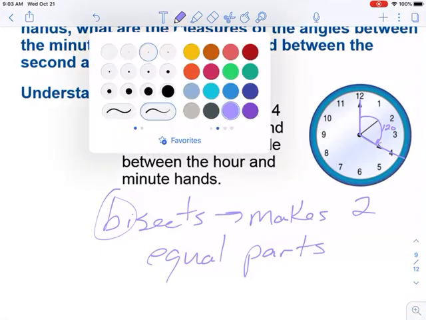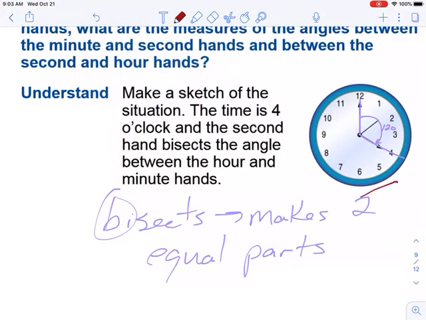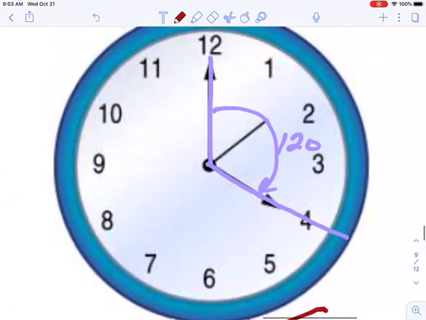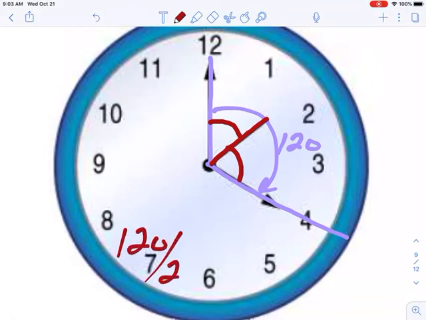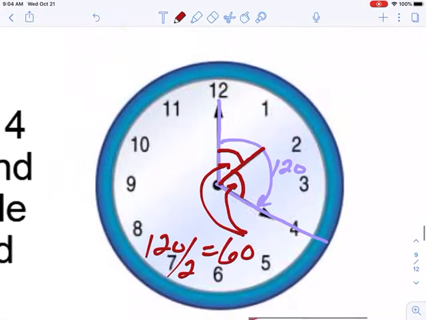This is the second hand. It bisects that angle, which means this angle here and this angle here are the same. They are equal. So if you have 120 total, you take half of 120 and you get 60. So each of these angles is 60 degrees.